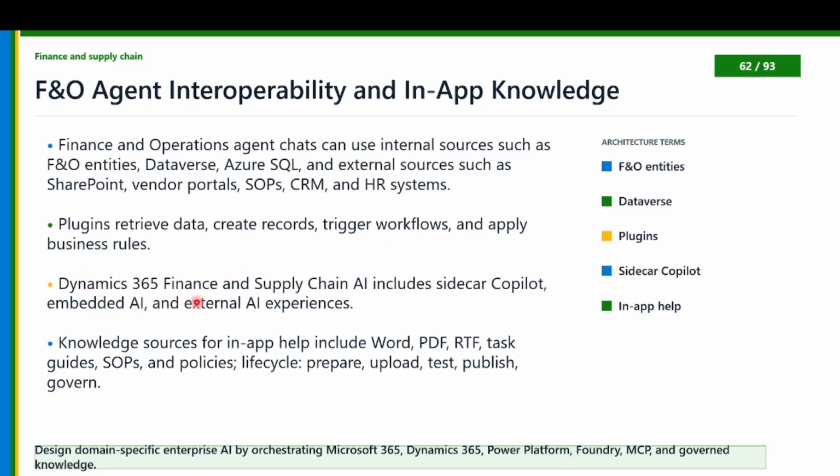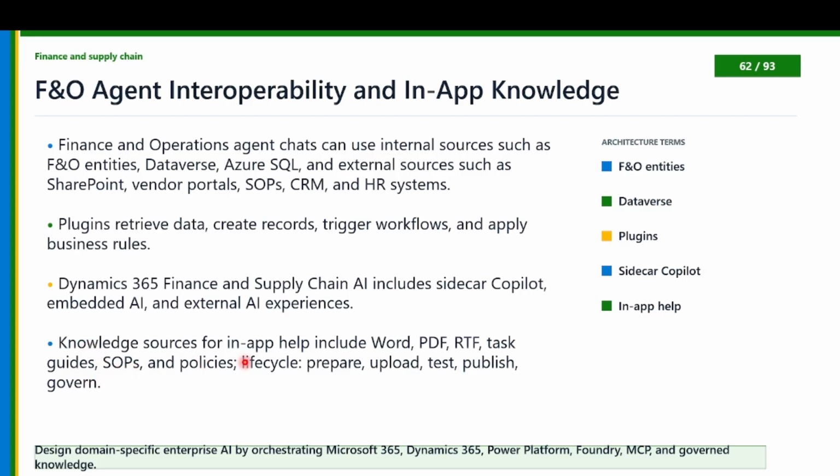Then Dynamics 365 Finance and Supply Chain AI includes Sidecar Copilot, which is built in and available for generating information, for Q&A, and for grounding information. We have embedded AI. I've told you that there are embedded AI like the finance agent and supply chain agent. And then we also have external AI services that you can integrate. You can create custom AI from Copilot or Microsoft Foundry and also integrate it with this platform.